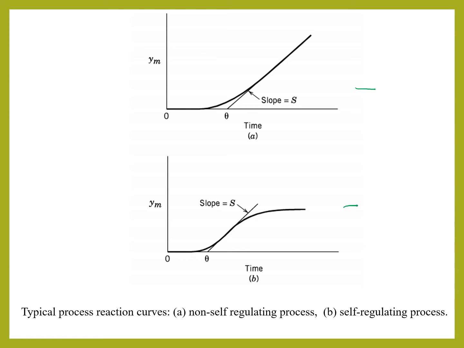So what's the difference between self-regulating and non-self-regulating processes? A self-regulating process is a process that can reach a new steady state value without corrective action from the controller. As you can see, this is the new steady state value because the response becomes steady. While a non-self-regulating process is a process that does not reach a new steady state value without corrective action from the controller.